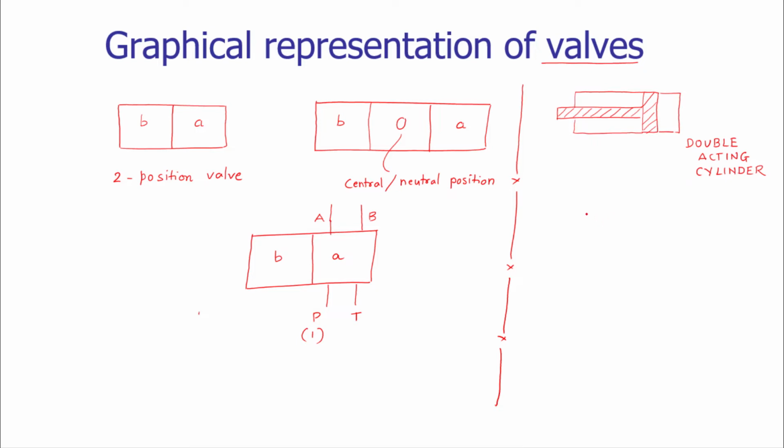So let us draw a two-position valve. Now the normal position we are considering here is the contraction or retraction of the cylinder. For the retraction of the cylinder, as I mentioned, we have to have the pressurized fluid at the rod side. So let us connect this to the rod side.